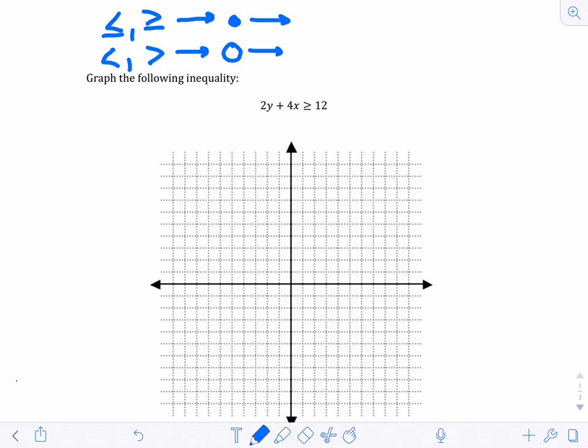In order to do that, we're going to use a solid line. So it's pretty much going to look like everything you've graphed since you've started graphing. However, if you have less than or greater than without the or equal to attached to it, you've used an open circle to indicate that.